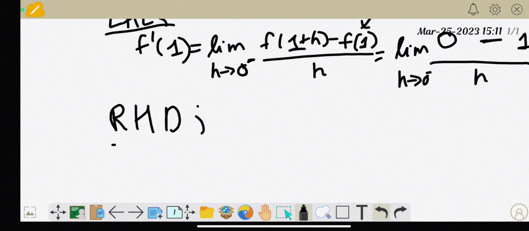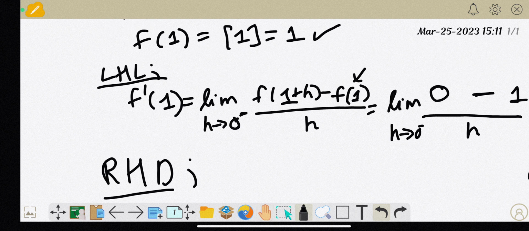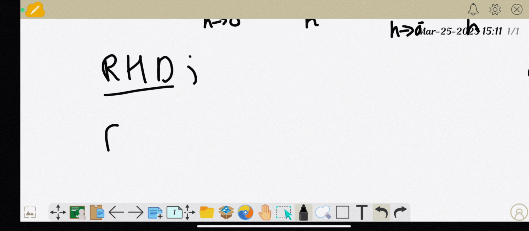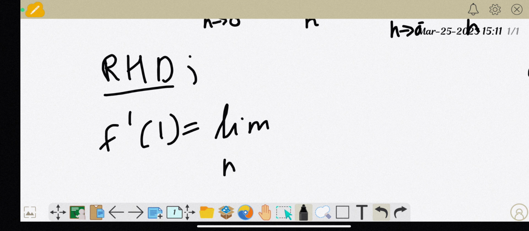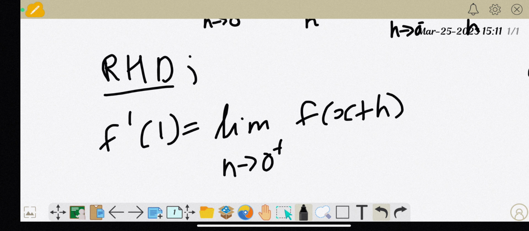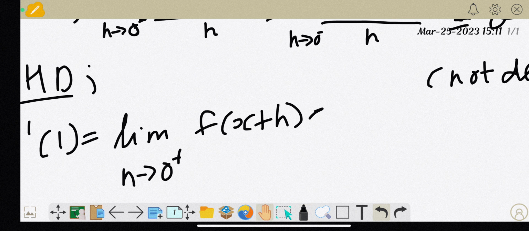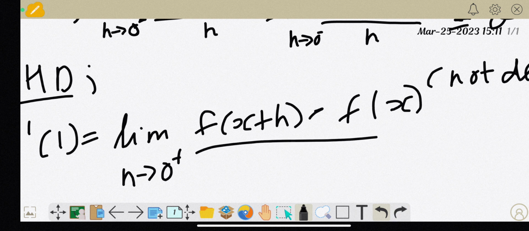So it's not a limit, it's a derivative. So the right hand derivative f dash of 1 is limit h tends to 0 plus of f of x plus h minus f of x divided by h.